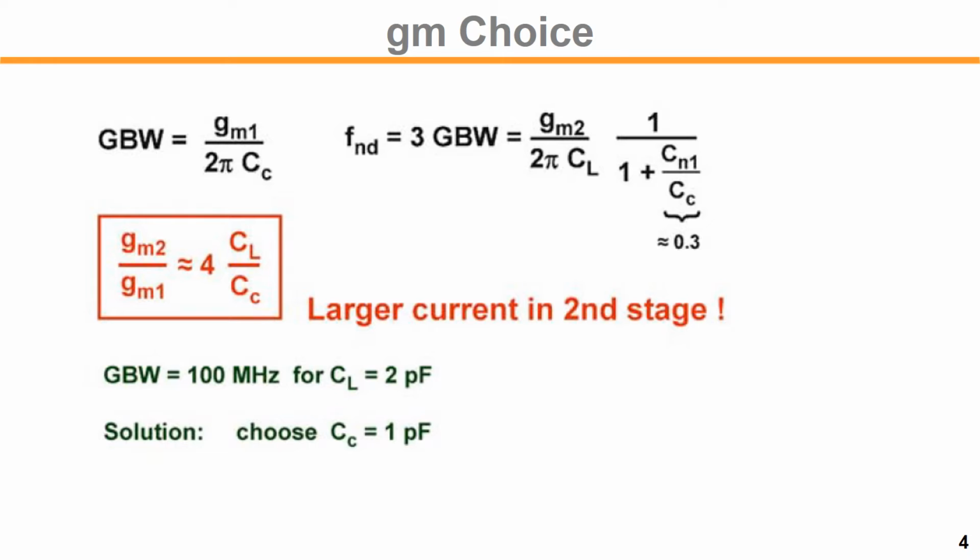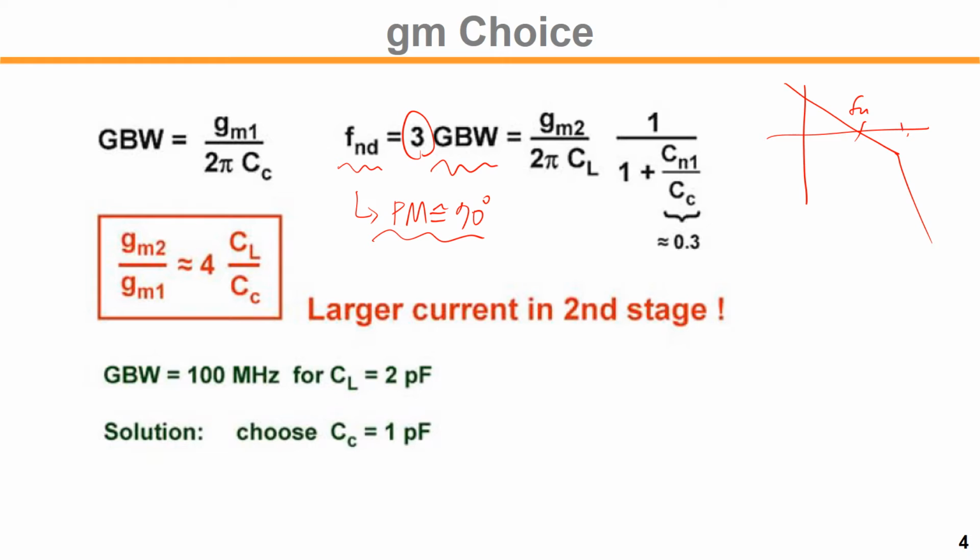Let's design the small signal parameters. If you remember, if the non-dominant pole location is 3 times GBW, then that results in a PM close to 70 degrees, right? From the previous example, FU and the second pole F2 must be 3 times FU, which results in a PM equal to 70 degrees.